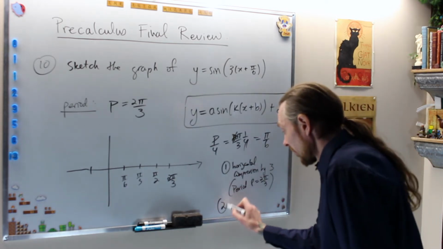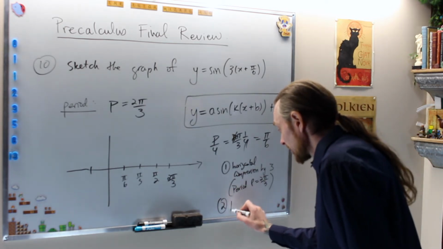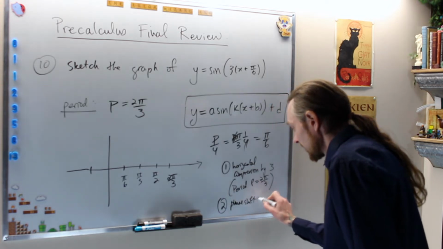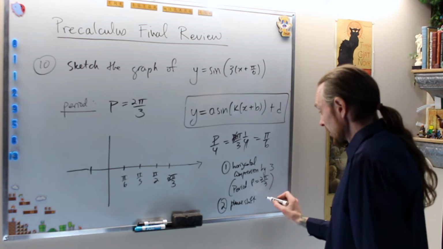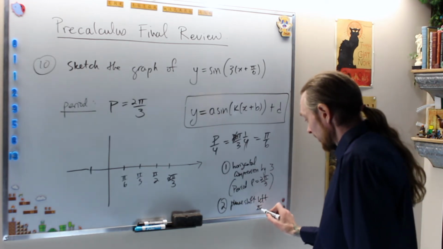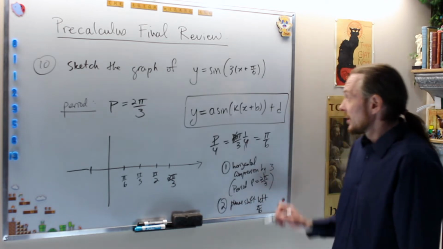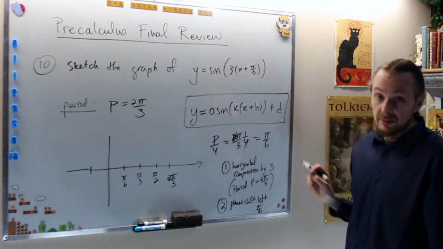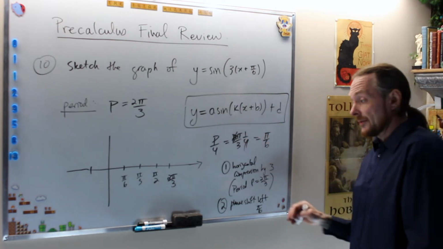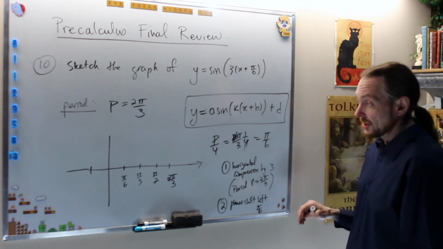And then 2, what we're going to do is phase shift, which is horizontal shift left and right, left by pi over 6 units, because we actually have minus pi over 6. Let's do the period first, and then we'll just shift it back with a different color, and then that will be our final function.